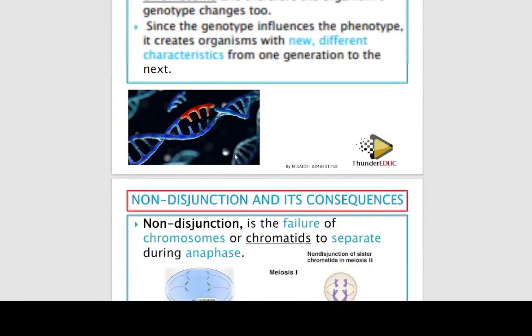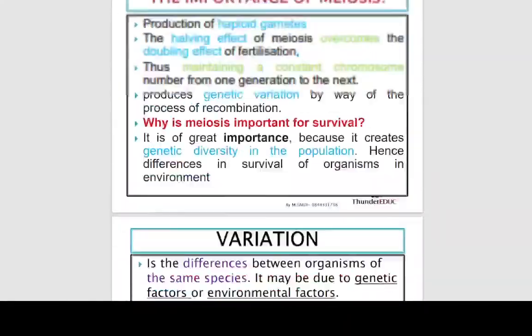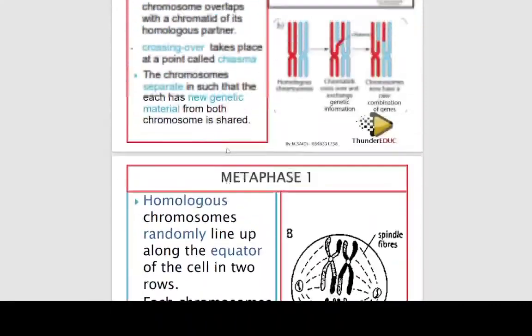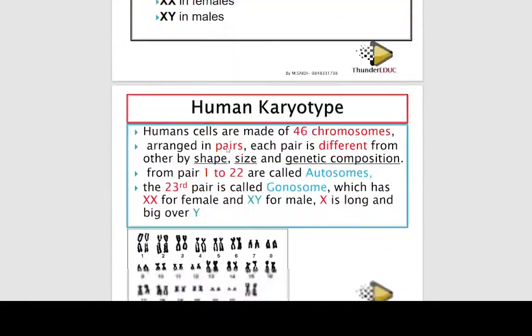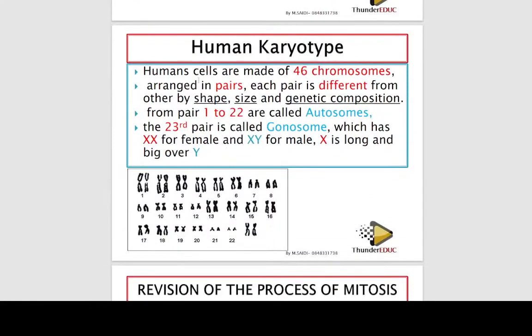Look, this booklet is indicating this exactly, because in 2019 they brought this question, a description of a karyotype. Human cells are made up of 46 chromosomes arranged in pairs. Each pair is different from each other by shape, size, and genetic composition. From pair number 1 to pair number 22 are called autosomes. There is no question you're going to be asked in life science anywhere that can't be answered by this distinction material.